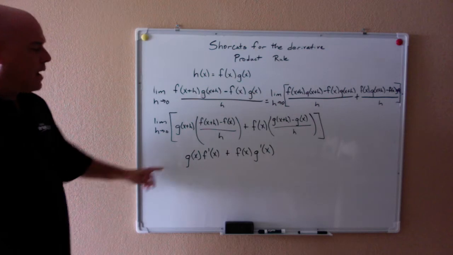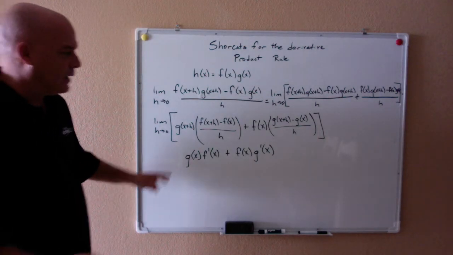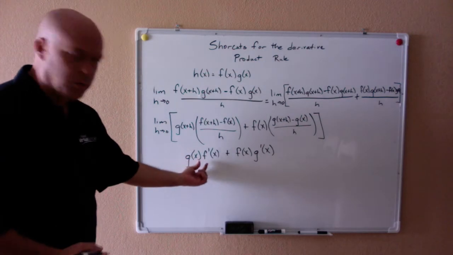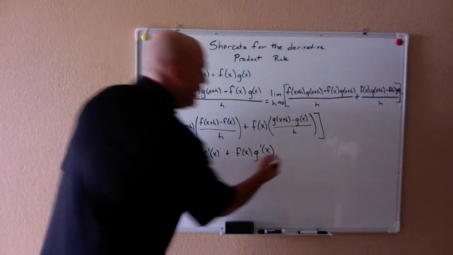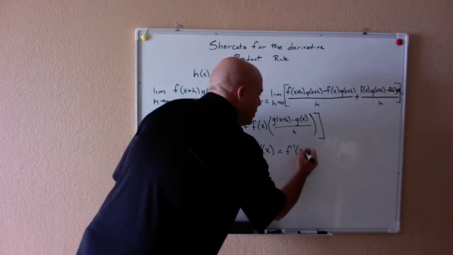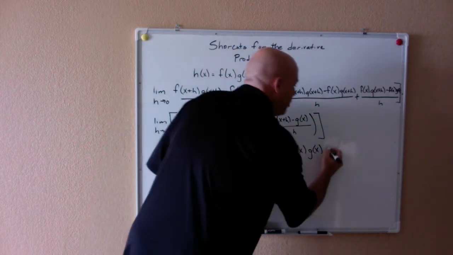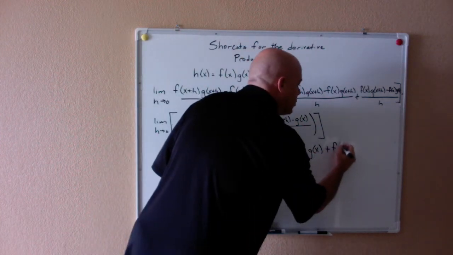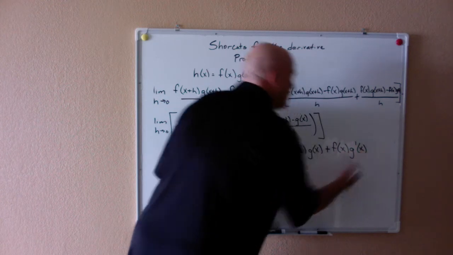Most of the time we write this a little bit differently. Multiplication is commutative here, so I'm just going to rearrange it a little bit: that's the derivative of the f function times the g function, plus the f function times the derivative of the g function.